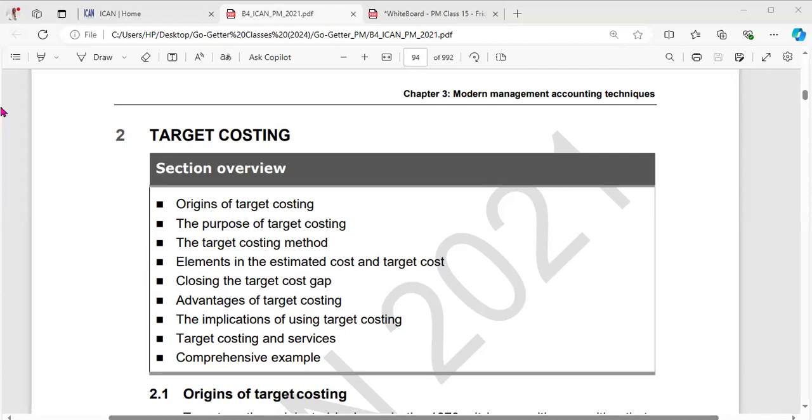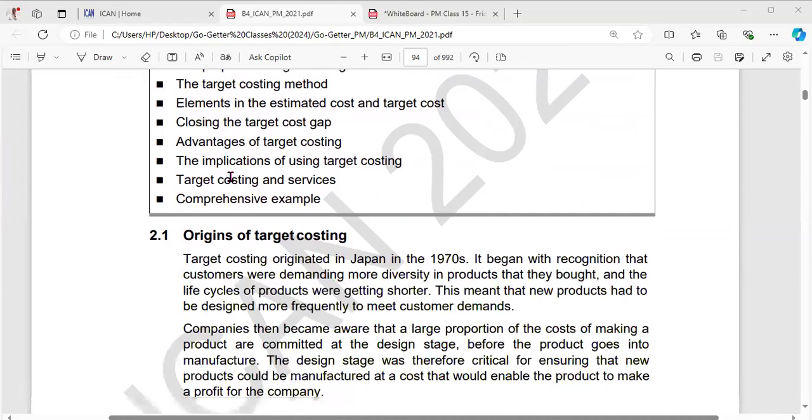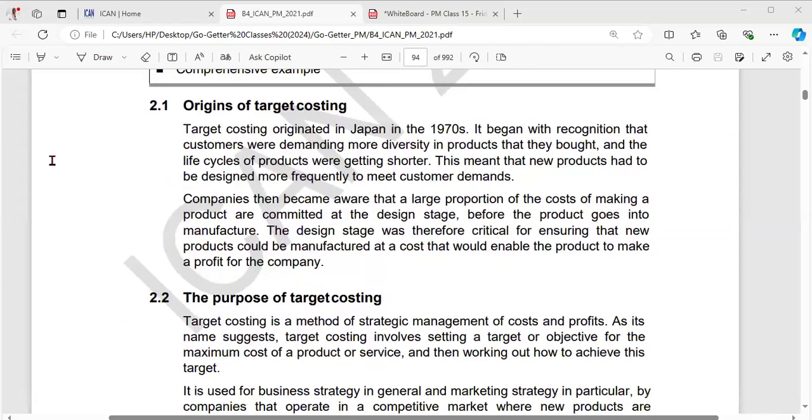Then we'll be closing the target cost gap, and we'll look at some examples. So let's start right away.